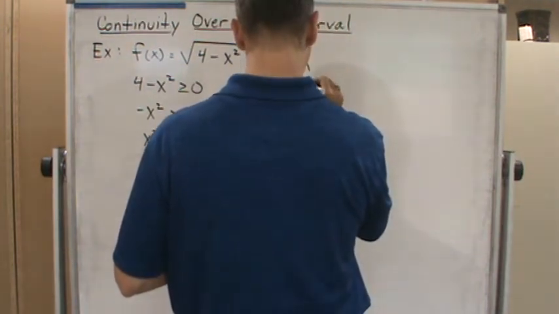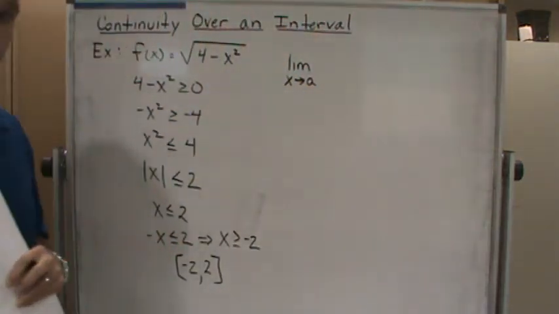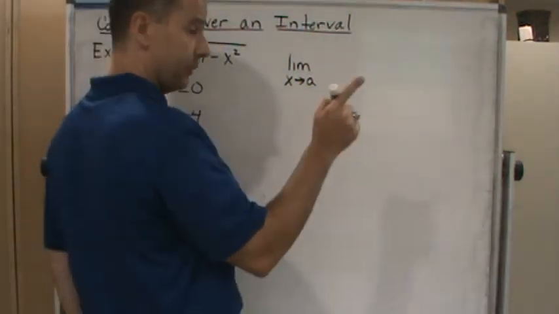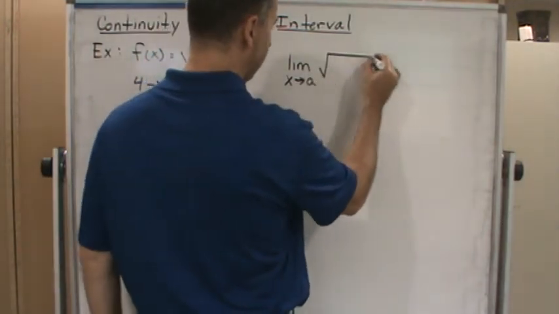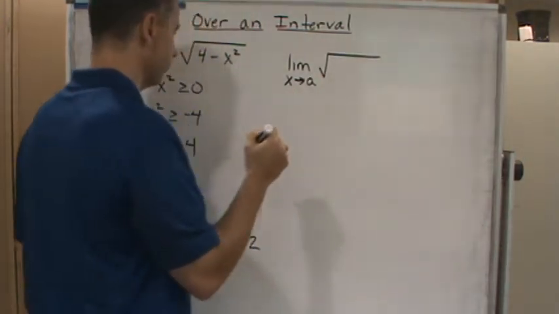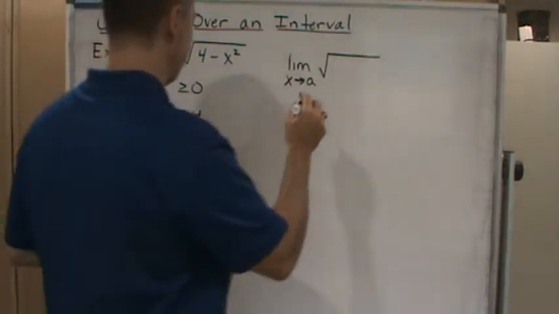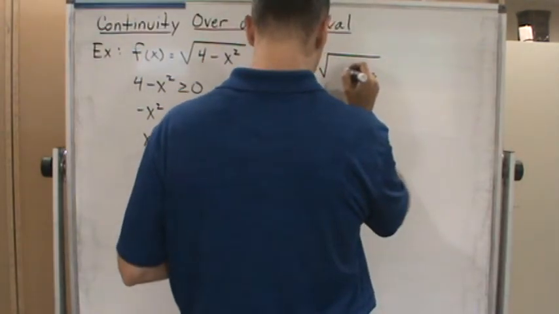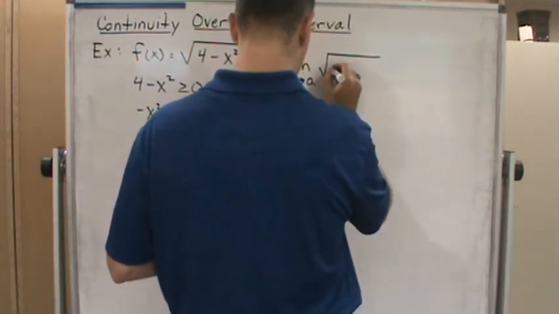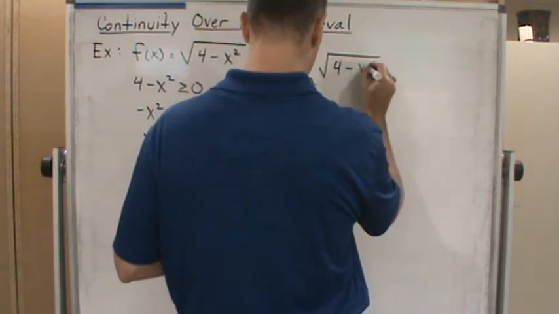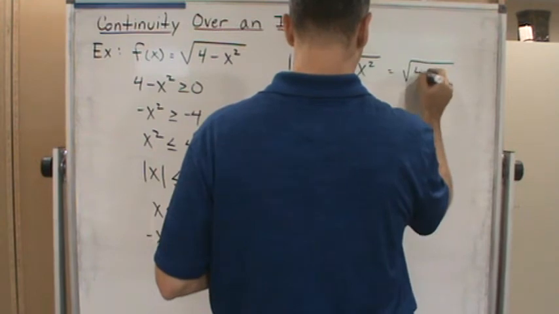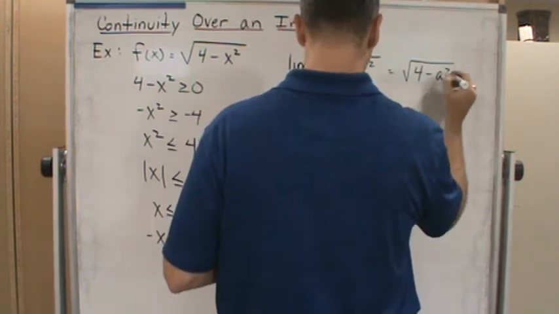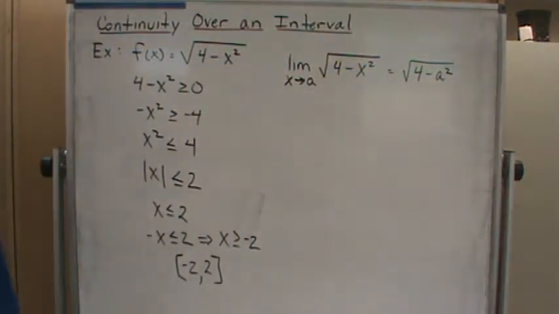So notice this, a. We know from our limit laws that the limit as x approaches a of the square root of 4 minus x squared is going to equal the square root of 4 minus a squared. That's just from the limit laws.